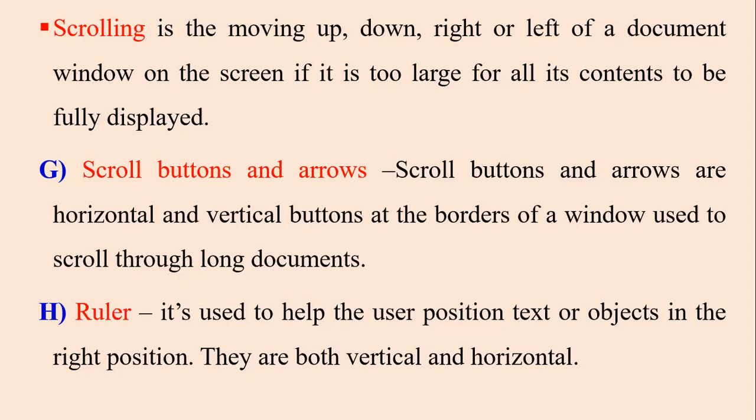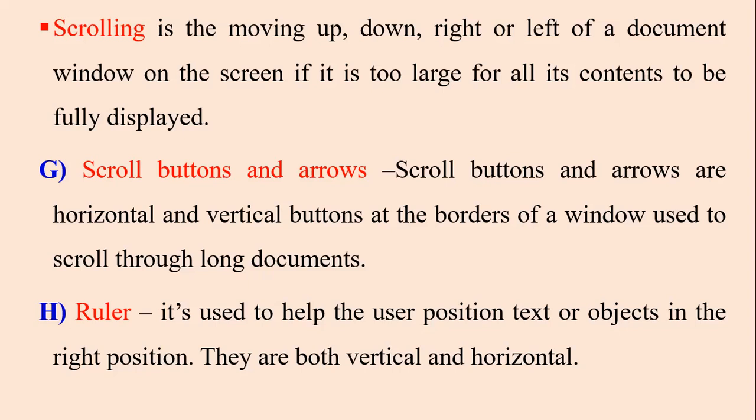The other part of a window is called the ruler. This part is also not found in all windows. It is mostly found on windows that involve the organization or arrangement or drawing or typing of text or other items on the window.